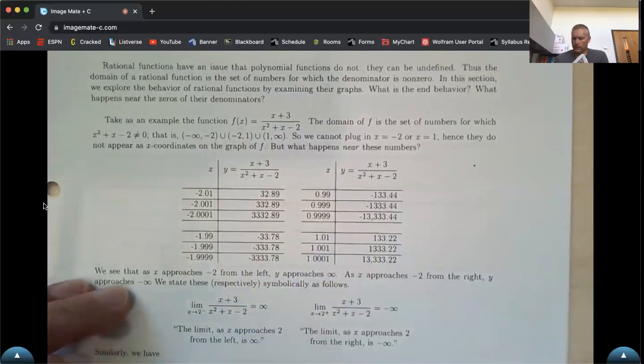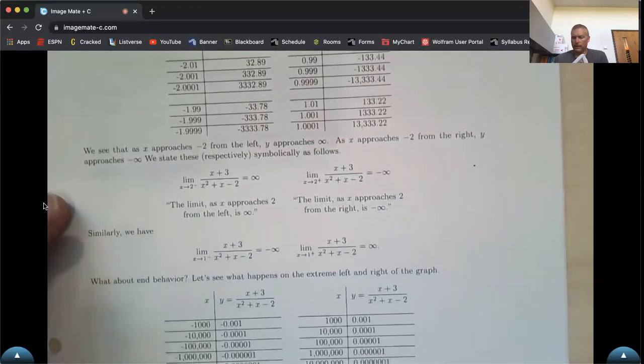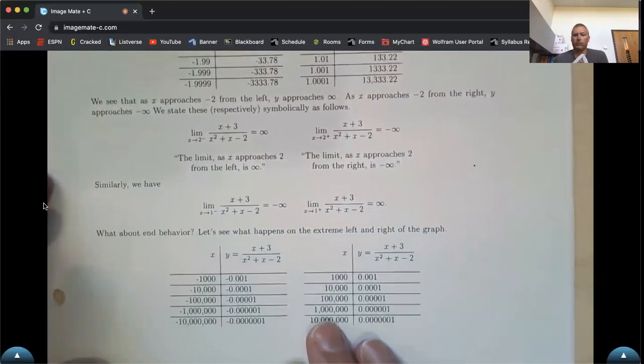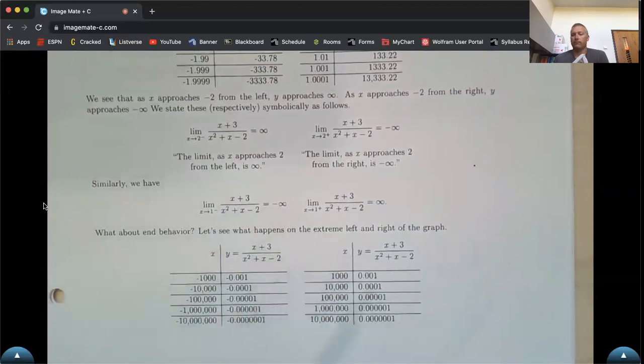So we can also ask, just like we asked with polynomials, what happens on the ends of the graph, on the extreme ends, like the left end and the right end? Let's imagine we ask such a question as we go off to the left end of the x-axis. As x becomes very large negatively, if we plug in these very large x's to our function, we see that the y's are getting very close to 0.